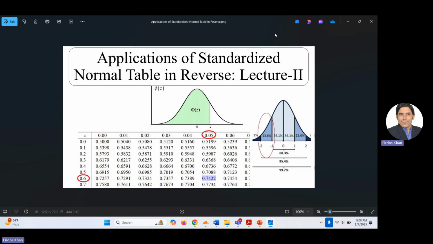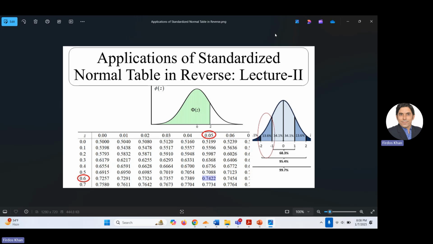Hello guys, in this video I would like to explain the application of the standardized normal table in reverse. In the first lecture, we did the application of the standardized normal table. In that case, we needed to find the probability for a specific value or values of a random variable.